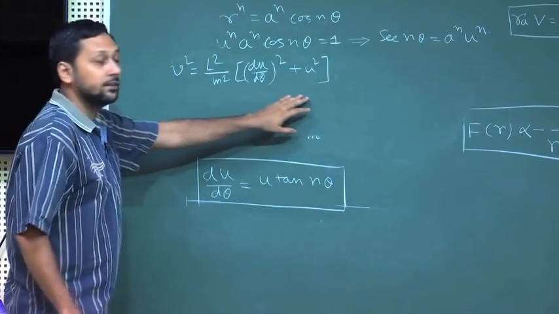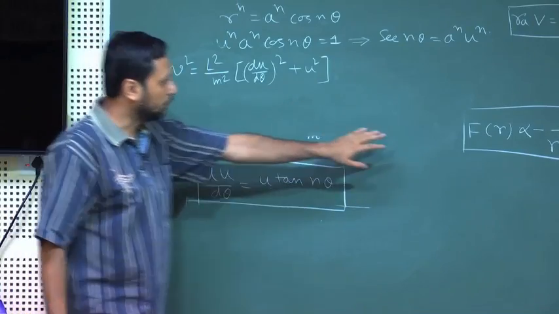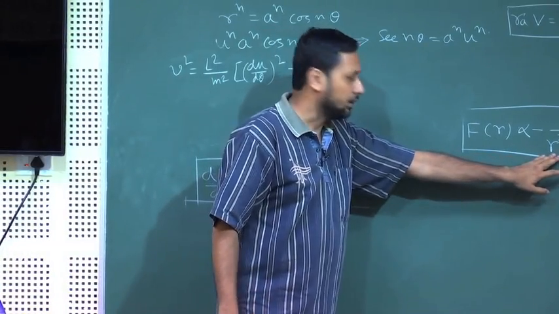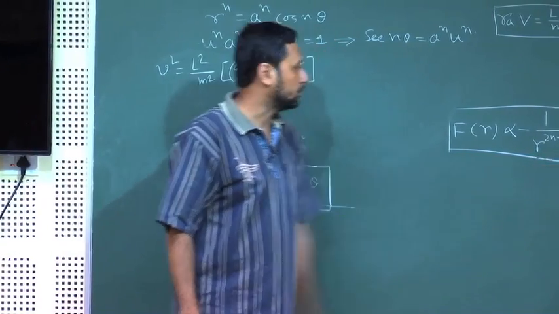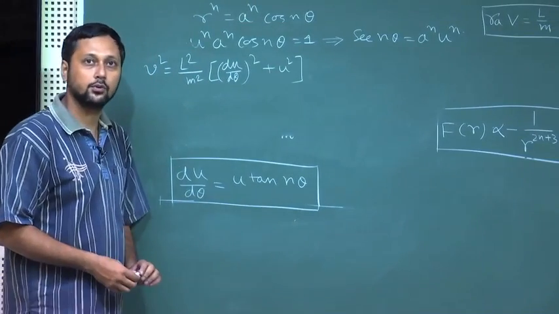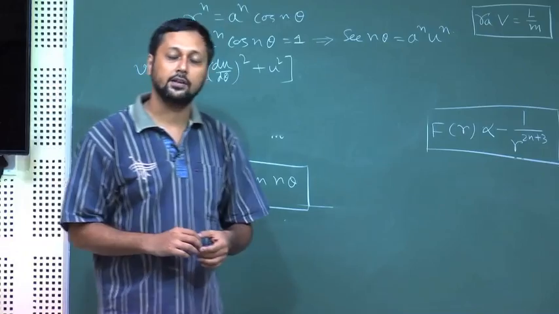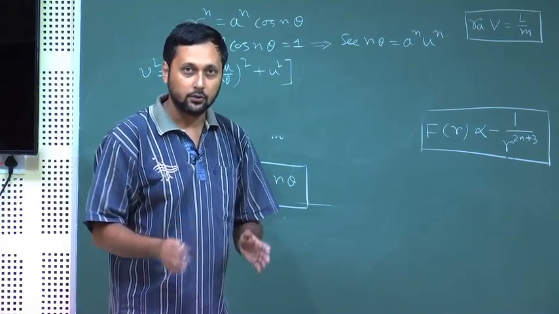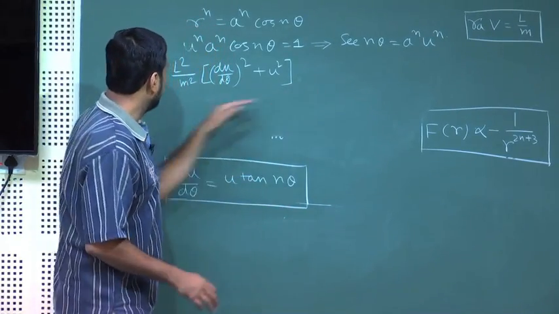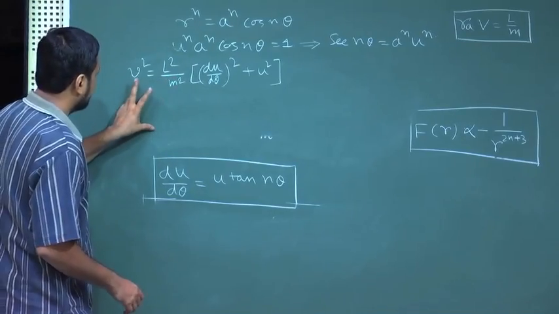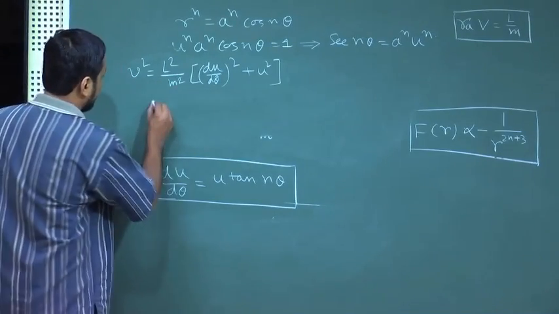Please remember that this force is not an inverse square force. The force we have got just now is not an inverse square force. So, we cannot use the expressions we have derived for either parabola or ellipse. So, we need to find the expression for velocity from this relation.